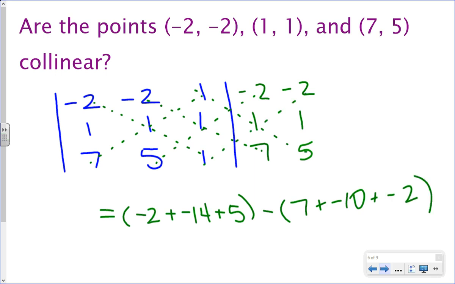All right, do you agree with all my products there? So what is the value of this determinant? So how do we answer our question?